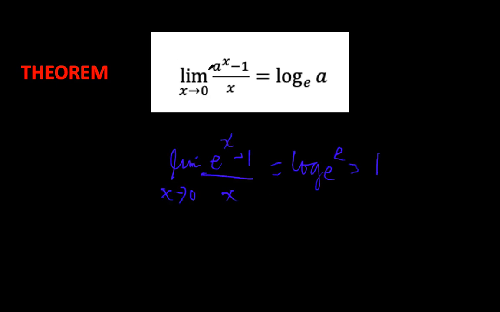So when the base is equal to e, which is the Euler's number, 2.17, something like that, the value of this limit is equal to 1, okay? So you can use the natural logarithm also in evaluating the limits of exponential function.